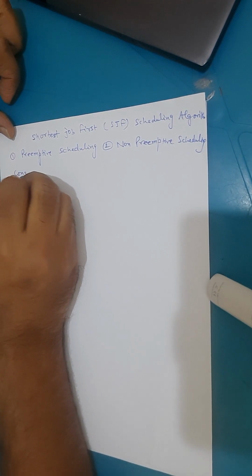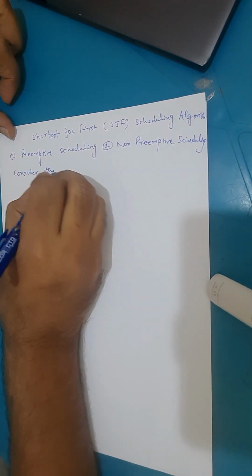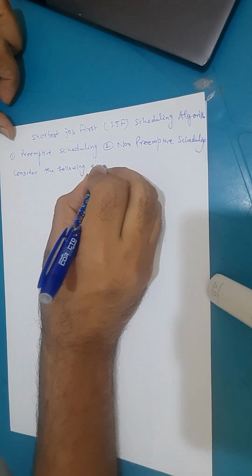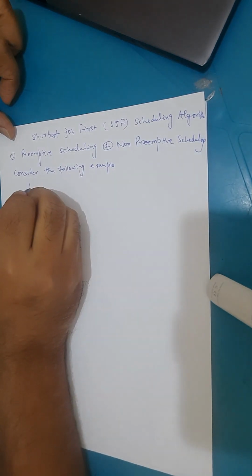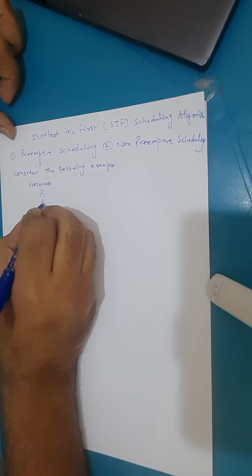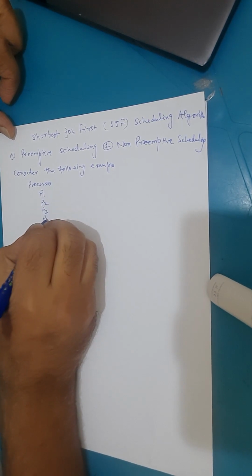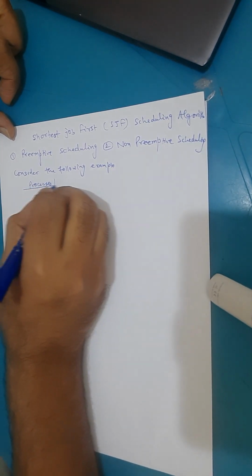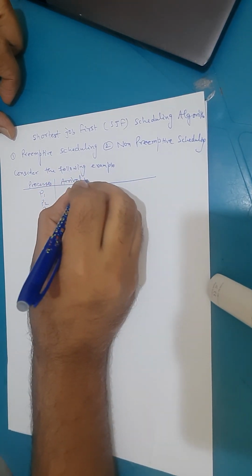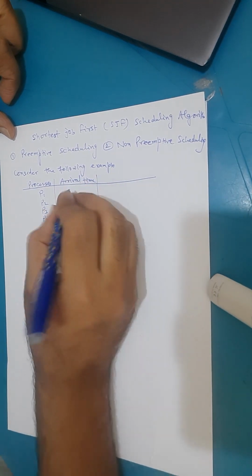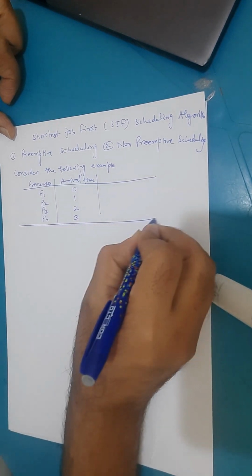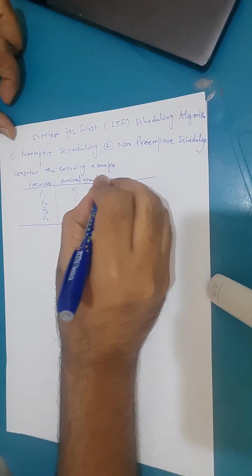Consider the following example. Process P1, P2, P3 and P4. Arrival time is given: 0, 1, 2, 3, and the burst time is also given.